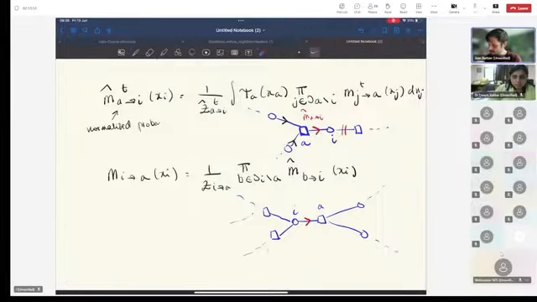So now the other messages, what they are. The message from I to A is the product of the messages coming from the other factors. You just make a product to send this one without considering the one coming in that direction. So it's as if you're creating a cut graph by cutting here.